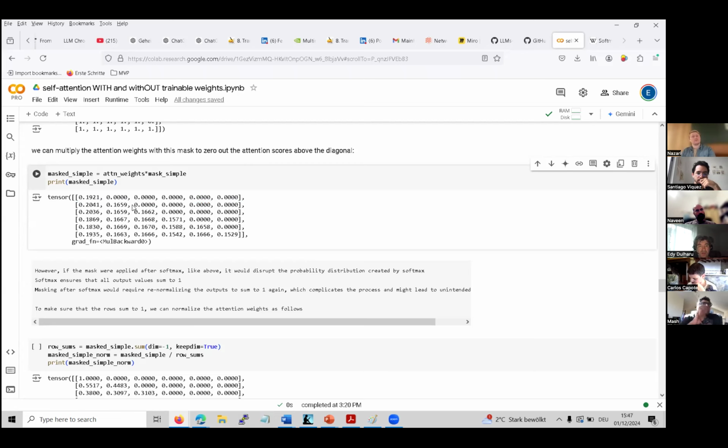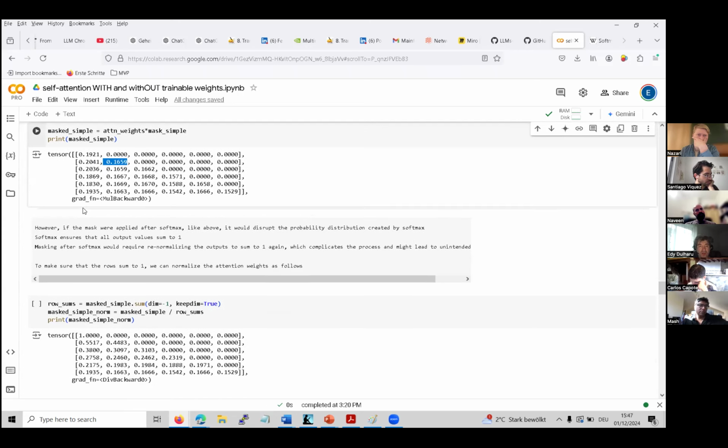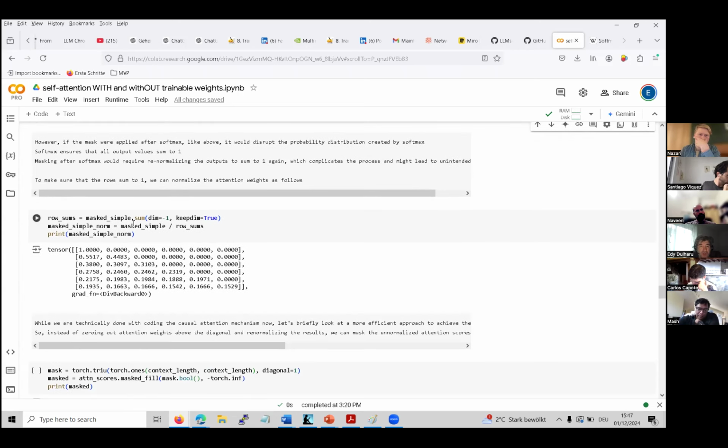By making zero of these elements above the diagonal, we have values which are difficult to interpret, which means we need to convert these numbers in a way in which we can read them as probabilities. So we need to renormalize the outputs to sum up to one again. We apply the softmax function again, and now each line sums up to one.